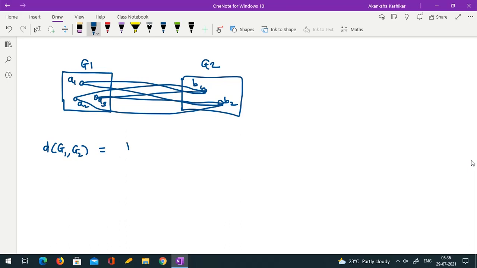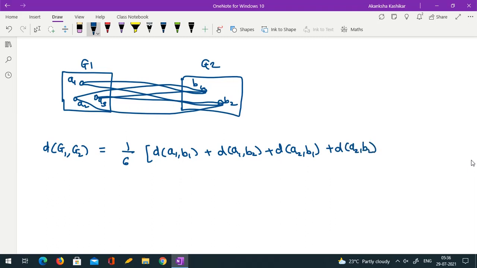So I may write this as 1 by 6 times the distance A1 B1 plus A1 B2 plus A2 B1 plus A2 B2 plus A3 B1 plus A3 B2. A few things to be noted. We are not using the distance between A1, A2 or A1, A3.